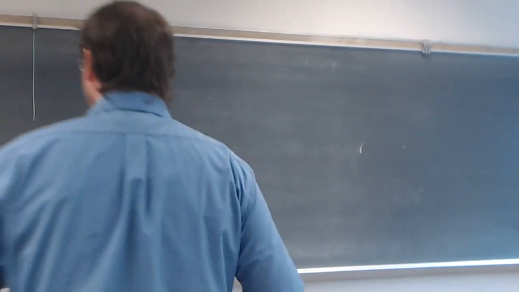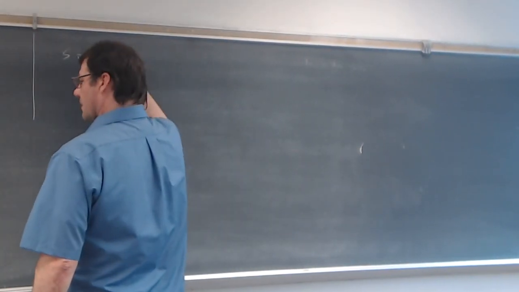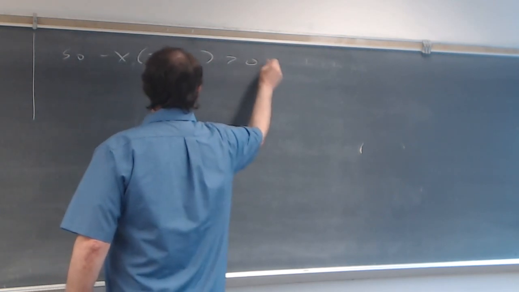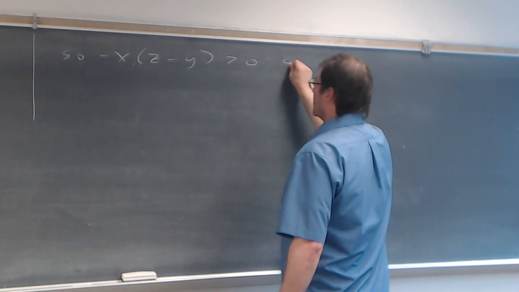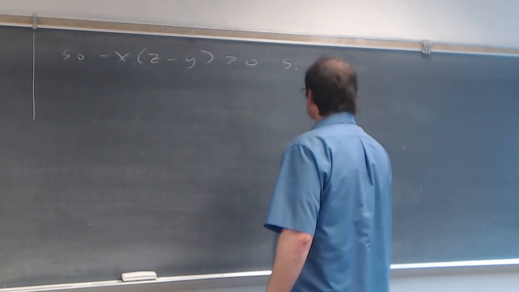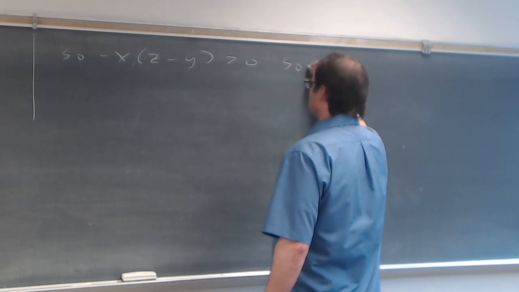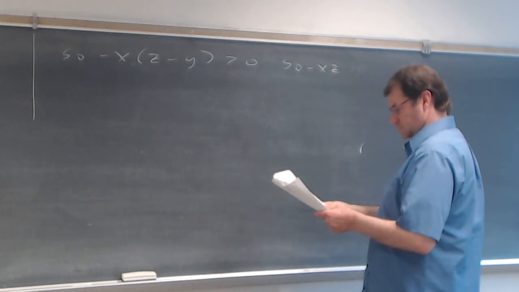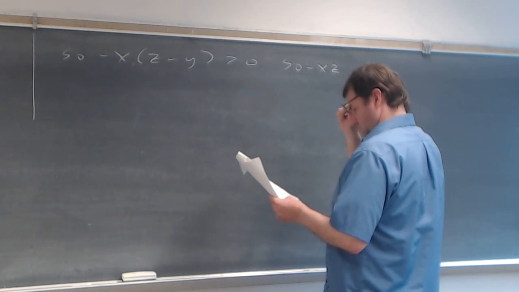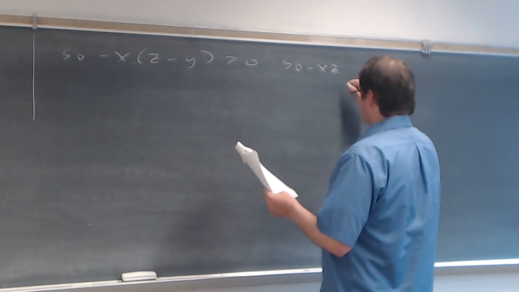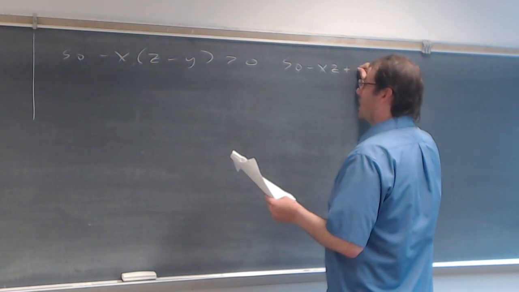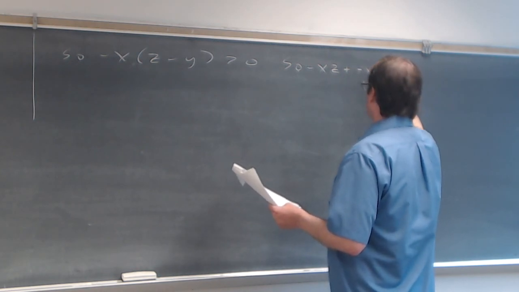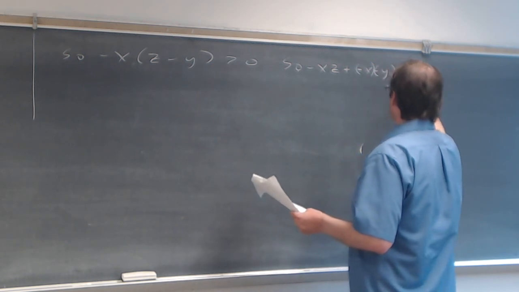And when we do, minus x times z minus y is going to be greater than 0. So this is minus xz, and this would be minus, or if you will, plus a minus x times a minus y is going to be greater than 0.